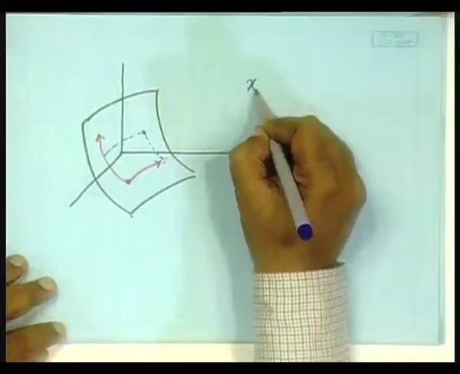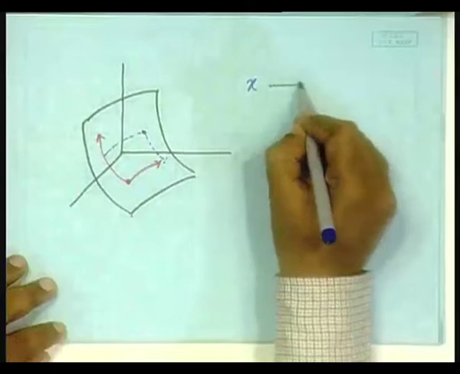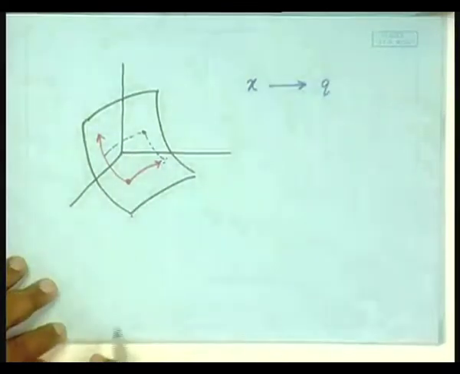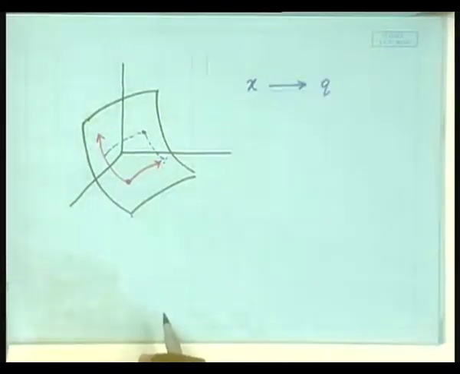Fine. So, the number of q's would be that many less than the number of x's as the number of holonomic constraints. We have established that. So, we are going from the x coordinate system to the q coordinate system.